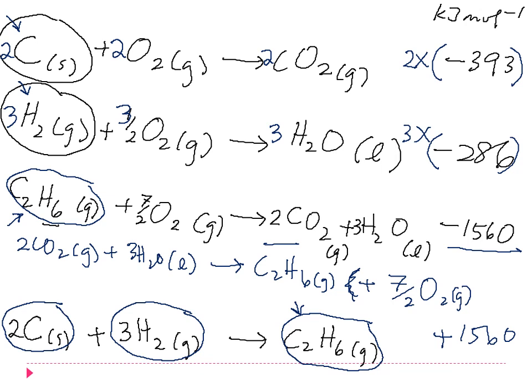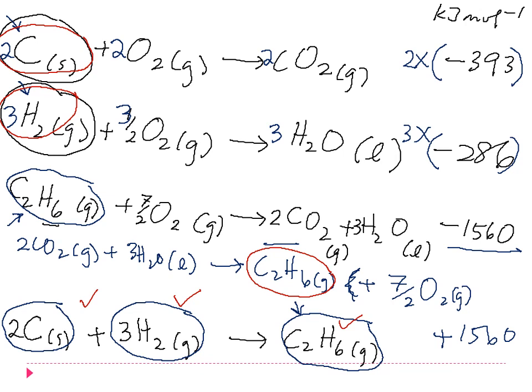So we have 2C over here, and we have 3H2 over here, and we have C2H6 over here. Everything else must be gone, must be excluded now.